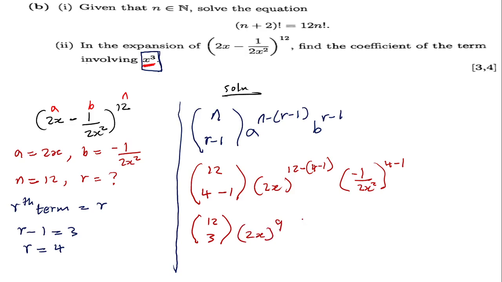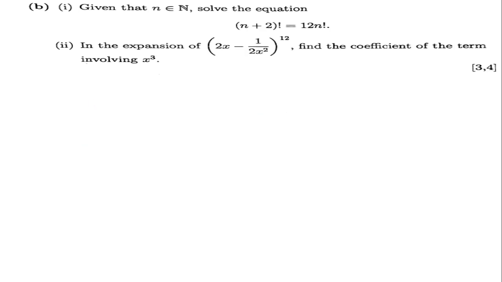Then for these guys, 4 minus 3 is negative 1 over 2x squared to the power 3. So if we have such an expression, we can easily move on and look at what 12 combination 3 is and what the rest are.